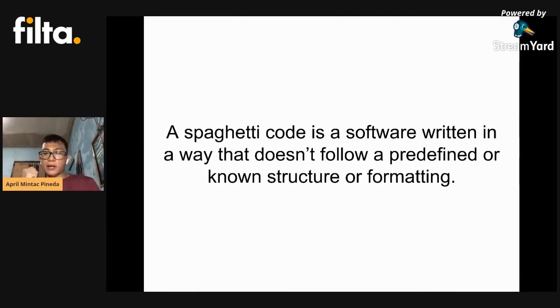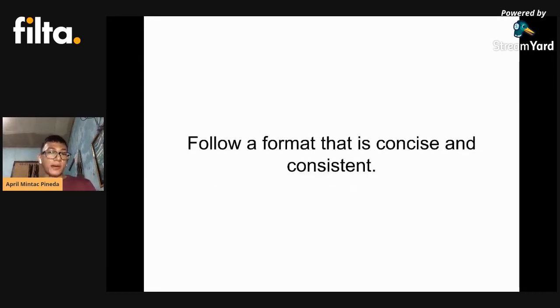The managers and team leads have to create these coding standards, enforce them on everyone in the team, and make sure that everyone is following them. Follow a format that is concise and consistent. That is the key to solving your spaghetti code problem or preventing it from even happening.